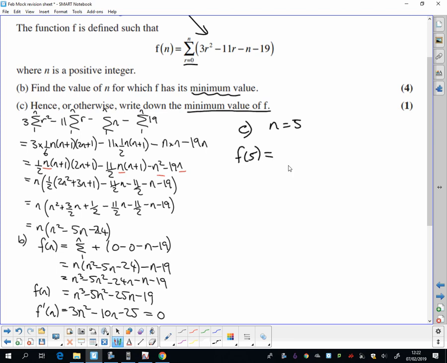If I take my function that I found in part B and just substitute 5 into that. And therefore our minimum value is negative 144. This is only worth 1 mark, so you either get it right or wrong. That's that.